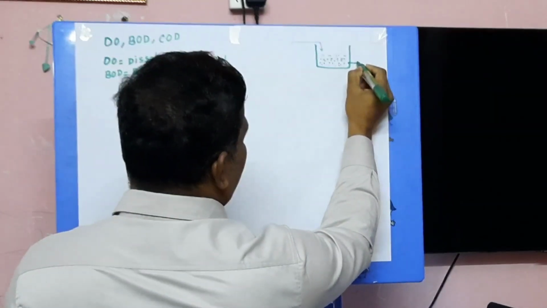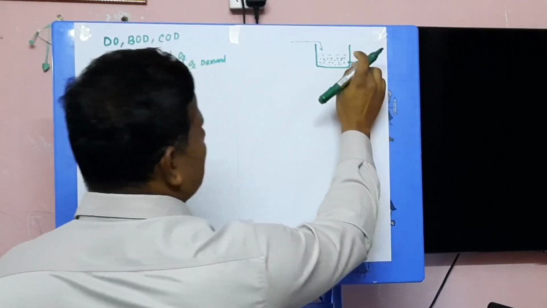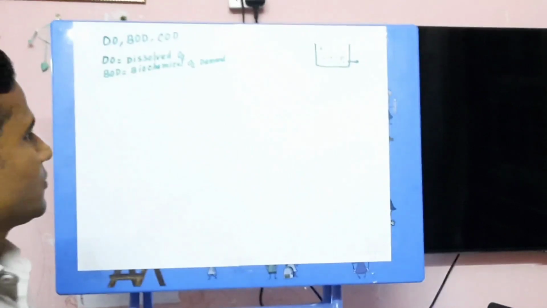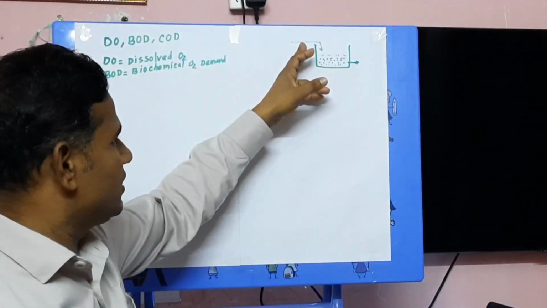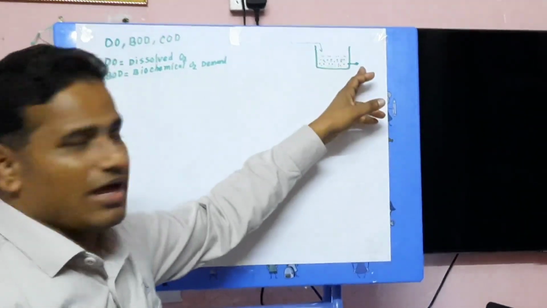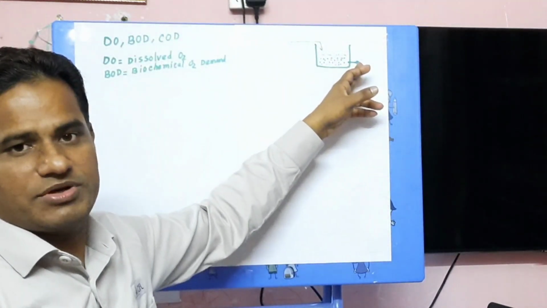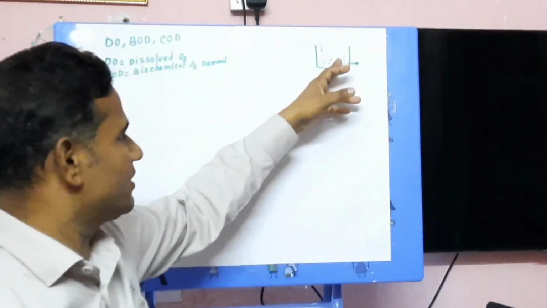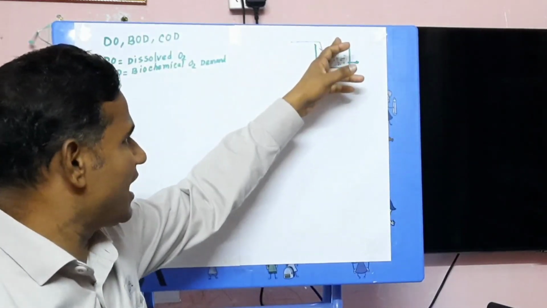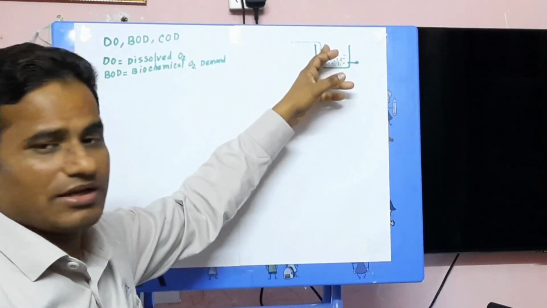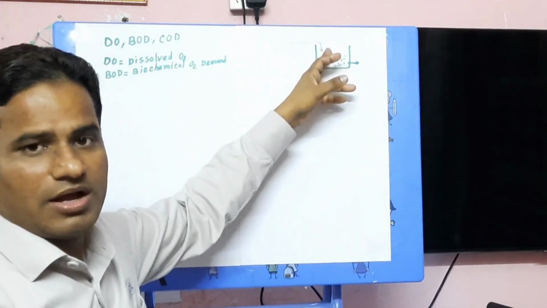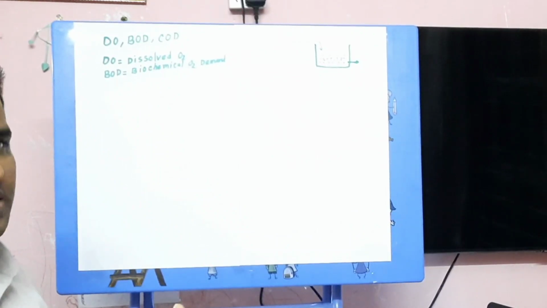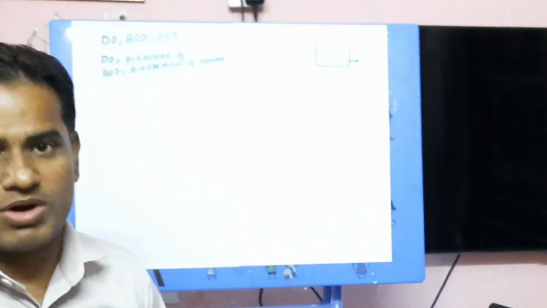If I take a sample from here, this side BOD percentage will be less. So inlet BOD is more than outlet BOD. Why is it happening? Because here aeration is happening. These bacteria, with the help of oxygen, take food from the organic compound. This organic compound decomposes and this water will be pure water.